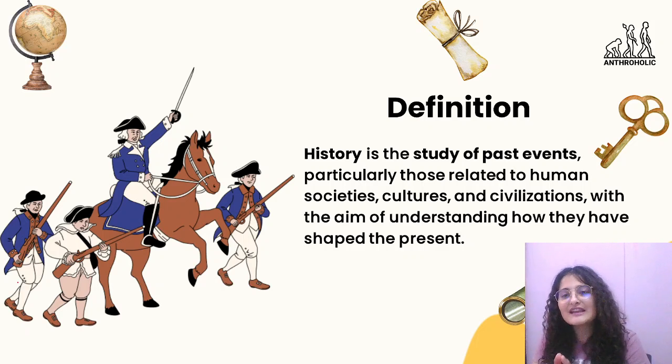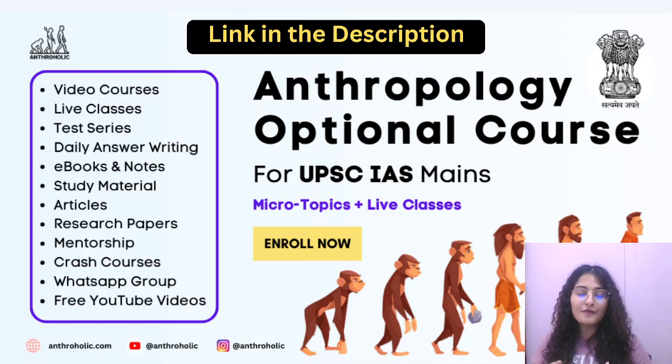So history is whatever happened in the past, whatever civilizations humans formed, whatever kind of societies and cultures humans had, and how that has brought us to where we are today as a society, as a culture, as a civilization.